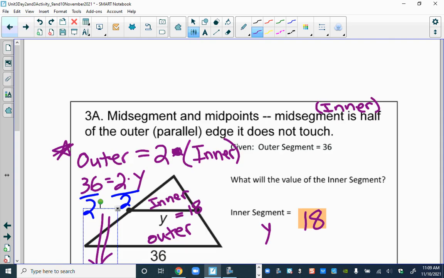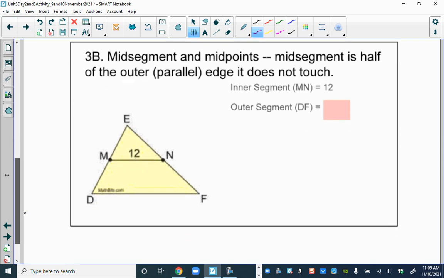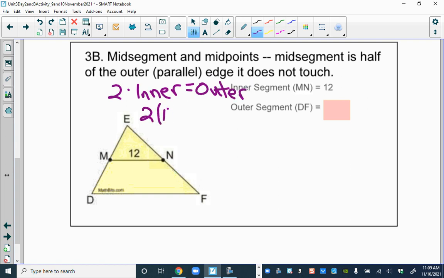Here it's just the opposite. There you go. We'll talk about this one a little more.